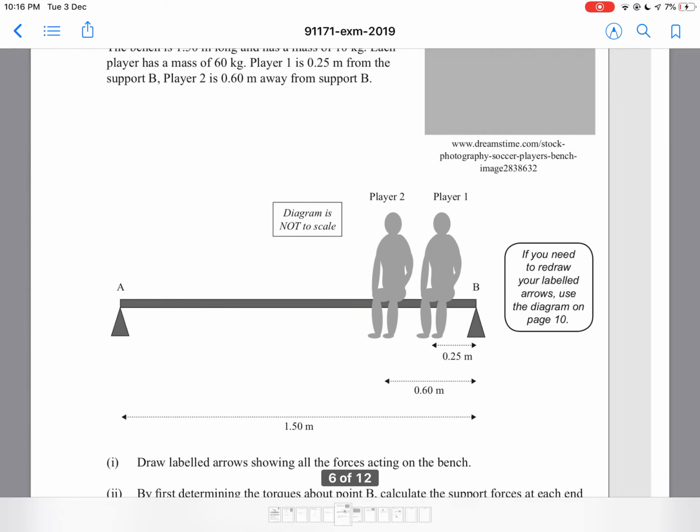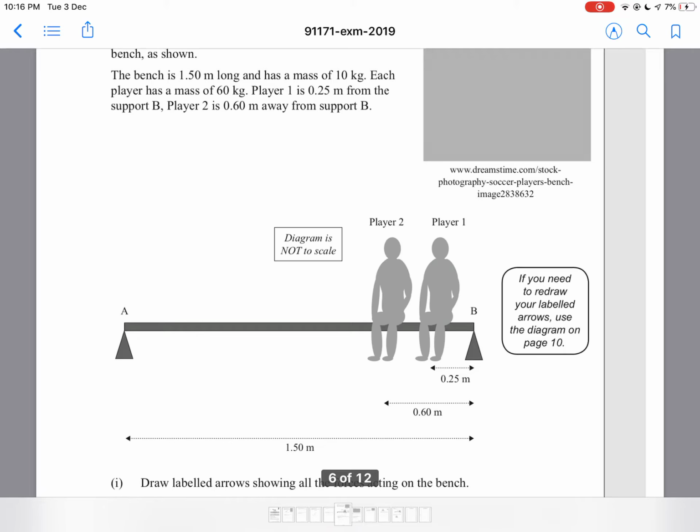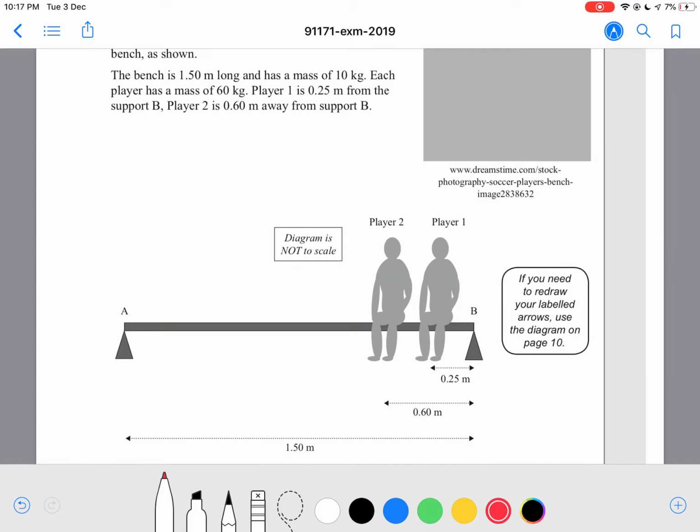It is important to note that the size of your arrows or vectors is very important, because the bench has far less weight than the masses of the players. So when you're drawing the arrows, the length of the vectors representing the mass of the players should be a lot larger than the arrow representing your bench, because they have a larger weight force.